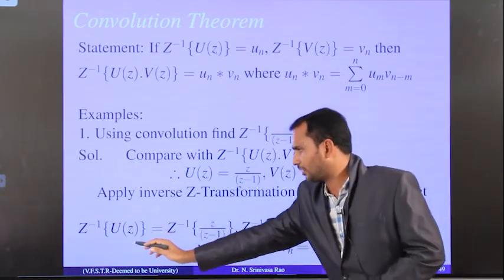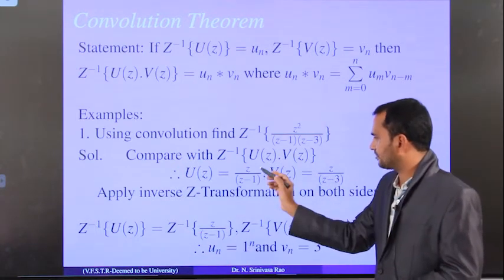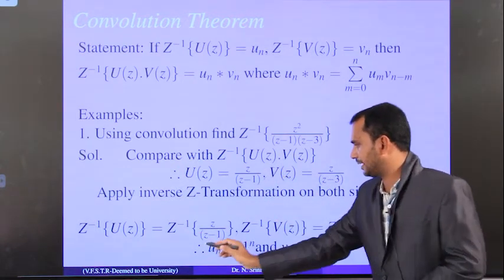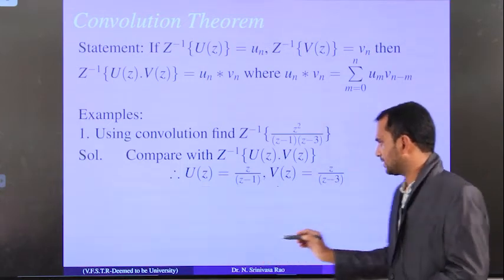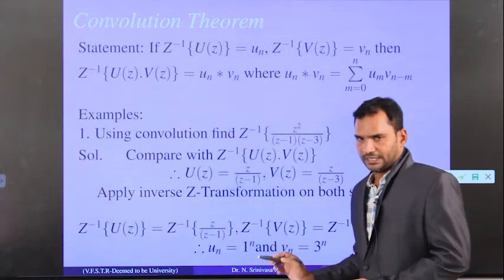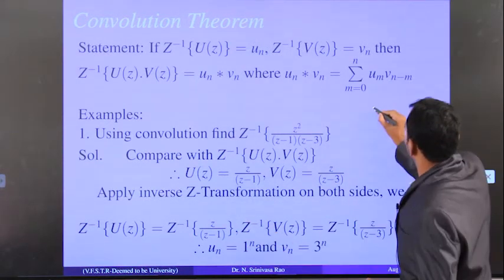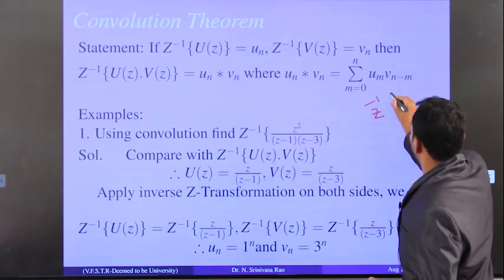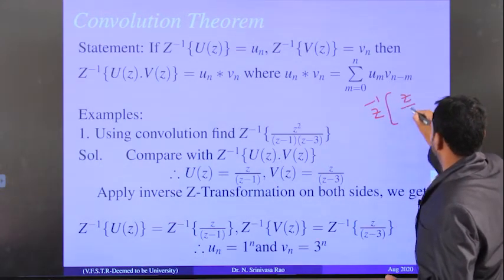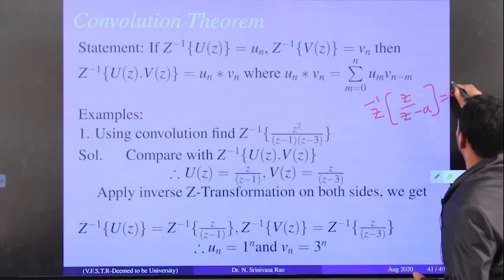For U(z), we have z by (z minus 1). So this is z inverse of z by (z minus 1). We already know the formula: z inverse of z by (z minus a) is a power n.